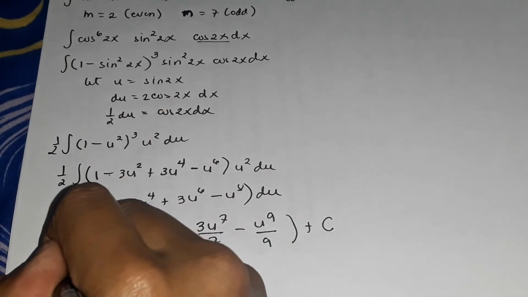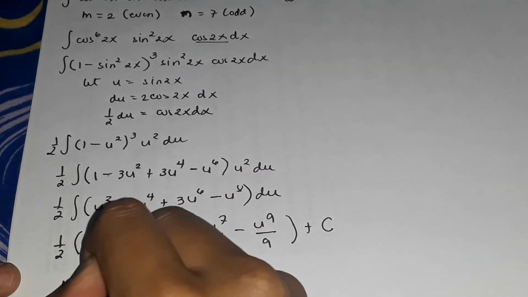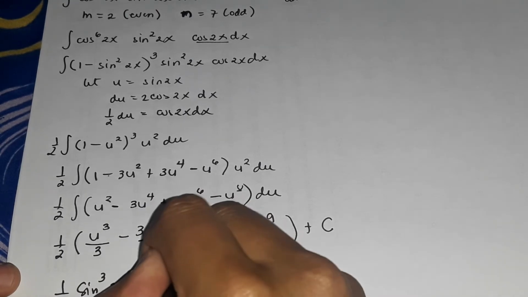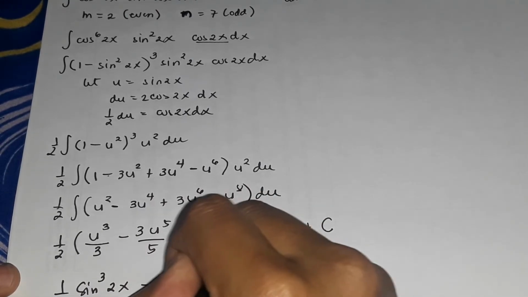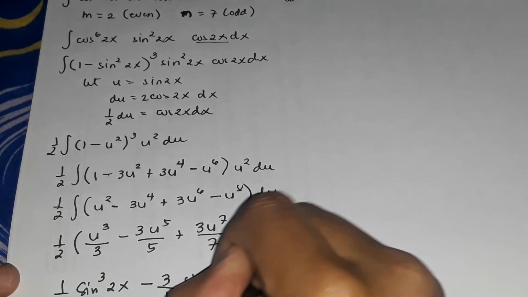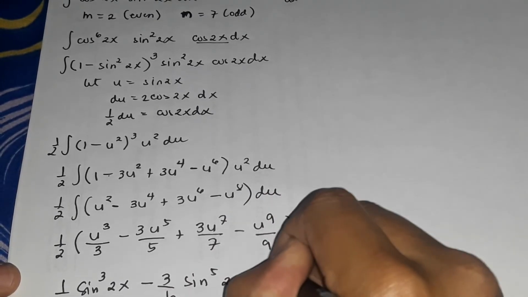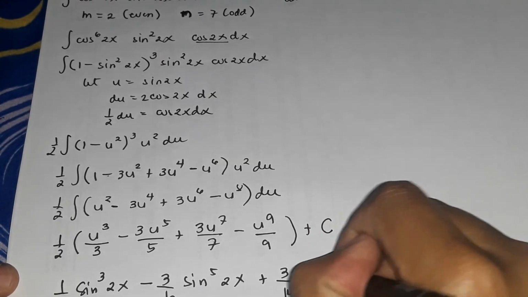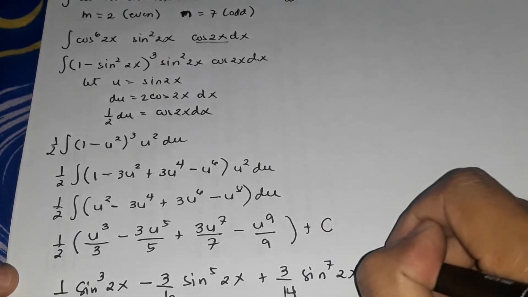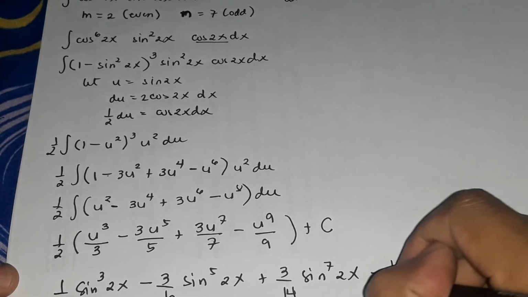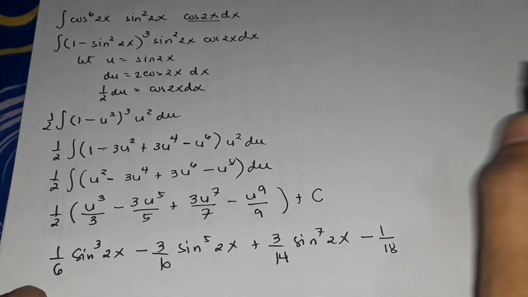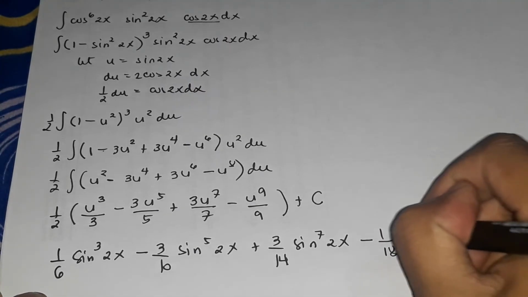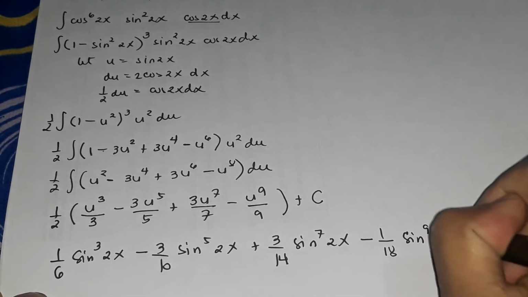So finally, we have 1 over 6 sine cubed 2x minus 3 over 10 sine to the 5 2x plus 3 over 14 sine to the 7 2x, then minus 1 over 18, that's 9 times 2, okay? Then sine to the 9 of 2x plus c.